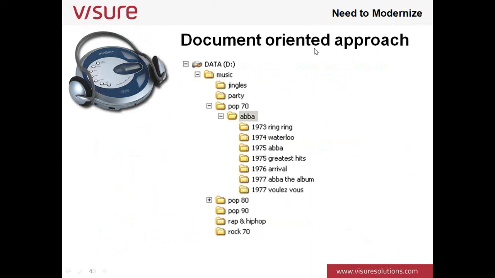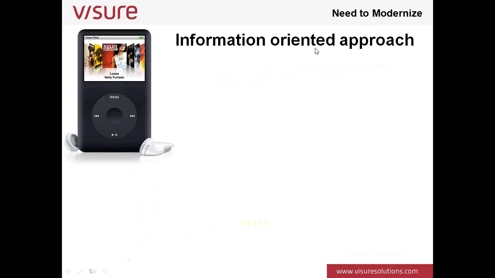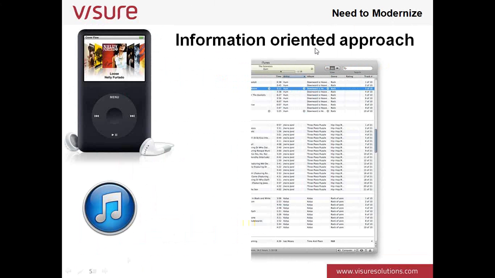So what is the evolution of this? The evolution is going from a document-oriented approach to an information-oriented approach, and this is what we call the iTunization of requirements. This is, by the way, the trend in which all the companies, all the applications are going, where there's no folder constraint, there are no containers, but actually information is managed through tags.